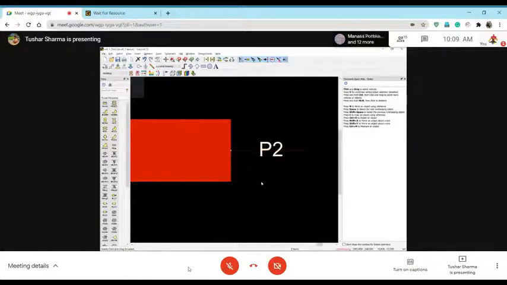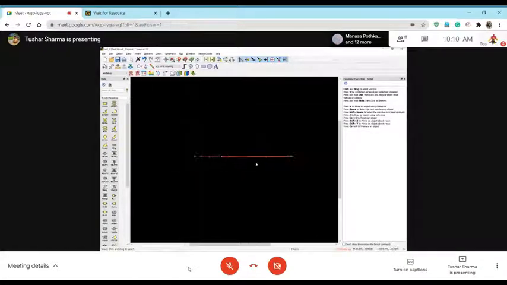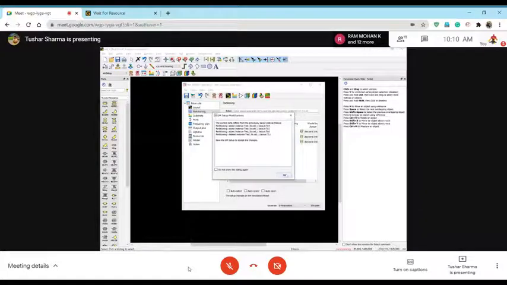So these are 2 ports. I am doing the same thing which I was doing there, but I want to excite them and measure the S parameters of this structure in an EM simulated environment.